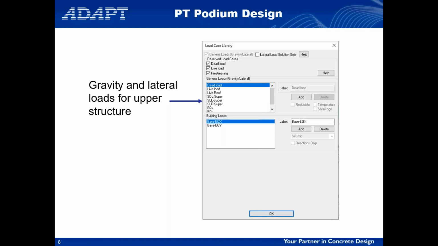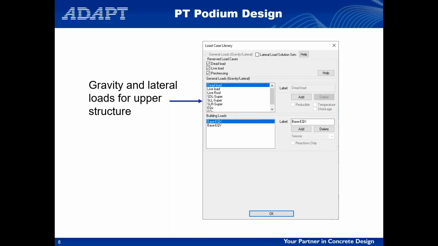You will also see EQX and EQY listed at the bottom. Those shear wall couples, as well as the base shear from the superstructure, would be defined as either EQX or EQY, applied as general loads on top of the podium slab.